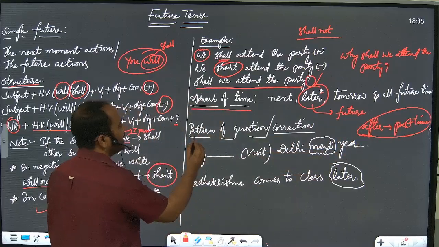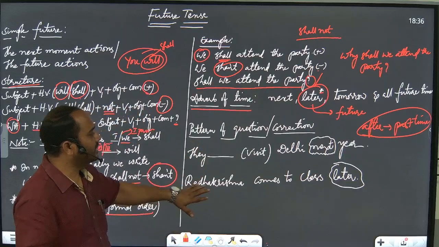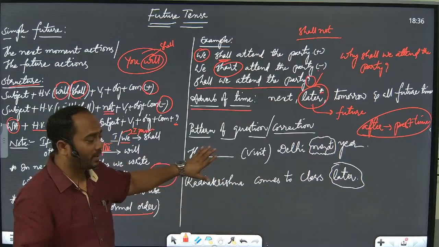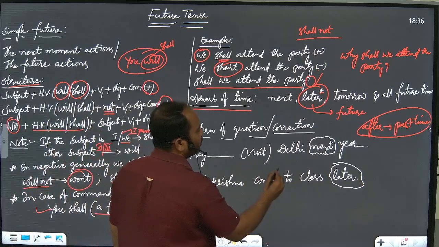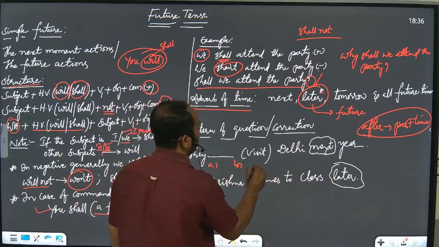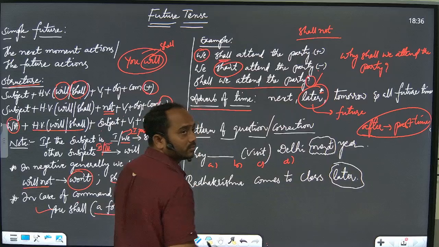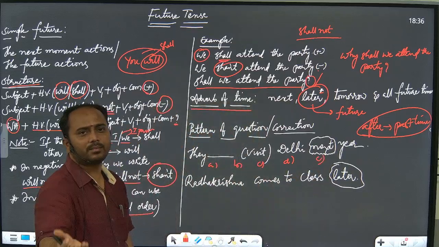And how do you get the examination questions generally? There are two possibilities. One is in the form of correction and another one is in the form of fill in the blanks. In the fill in the blanks form, they'll give 4 options, A, B, C, D. And sometimes there might be none of the above as a 5th option also.